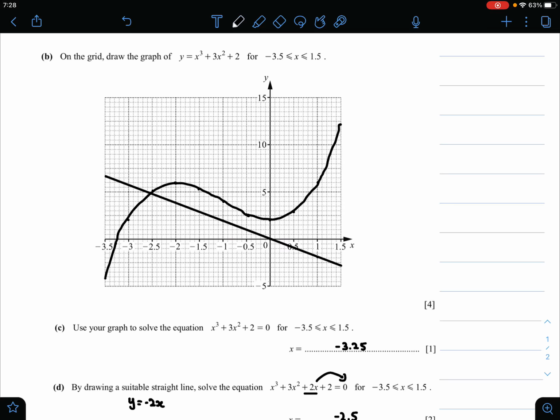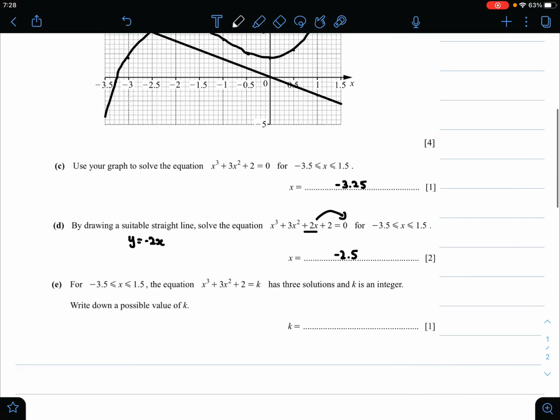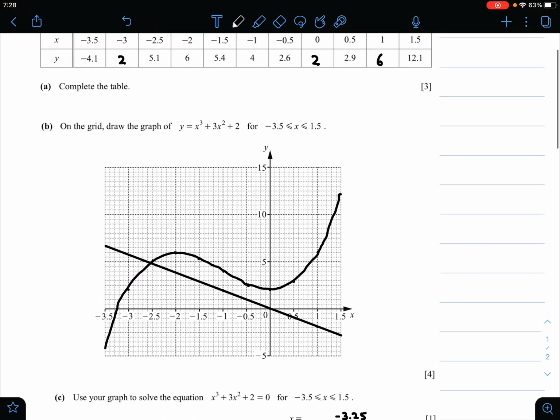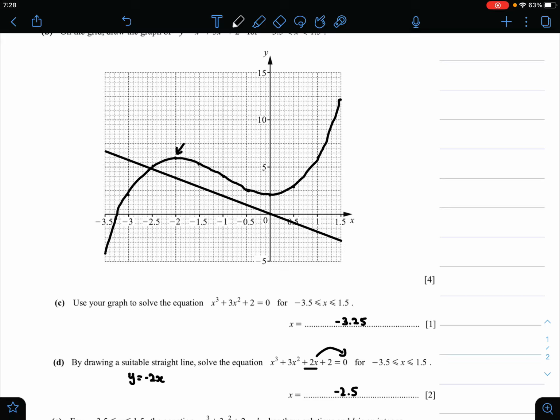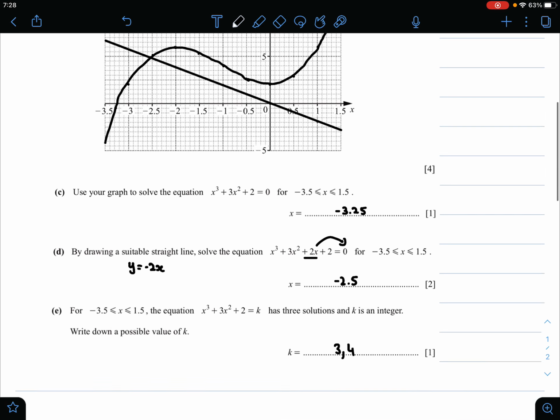So 2 would be the lowest, where you would get two points intersected. So above 2, that would include 3, 4. Now you want to see the maximum point, and 5 is included as well, because this curve over here, the top part, goes above 5. So 5 can also be included as your answer.